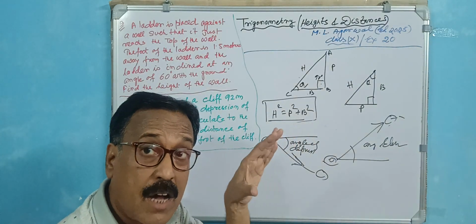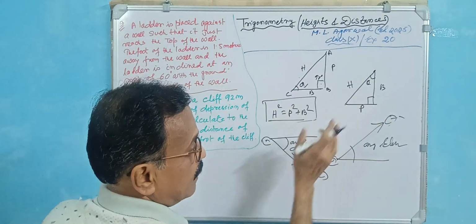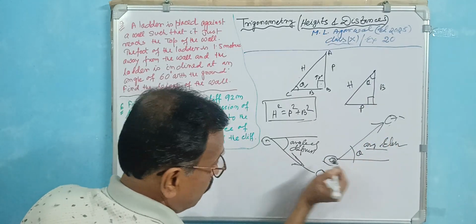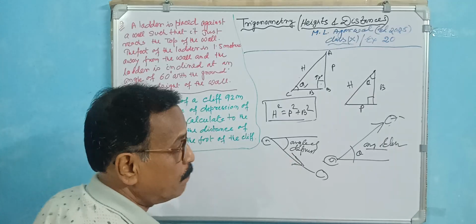Looking upward, this is theta, the angle of elevation. Now from the same point, looking down is the angle of depression.